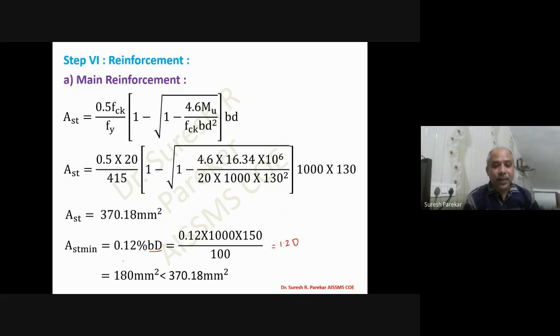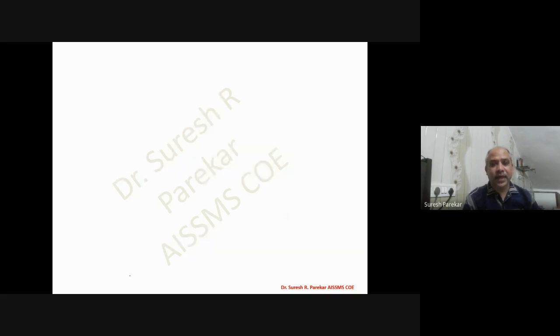Now this is the minimum and we require 370. So the requirement is greater than the minimum. So we have to provide the maximum of the two, Ast required and Ast minimum.